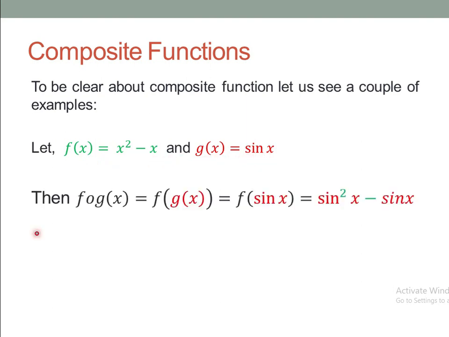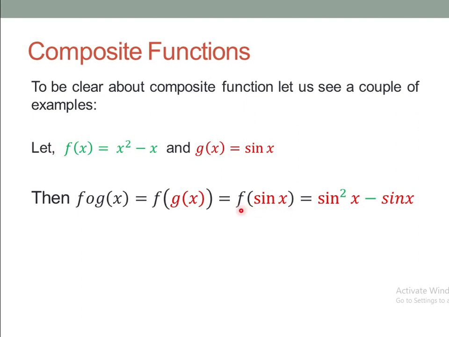Now f of g x, which means in function f we will input g. So in function f we input g of x. What is the g of x? g of x is actually nothing but sin x. Therefore, we have written sin x instead of g of x. And what is the duty of f?